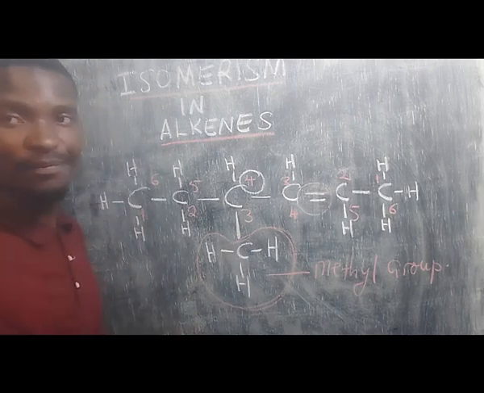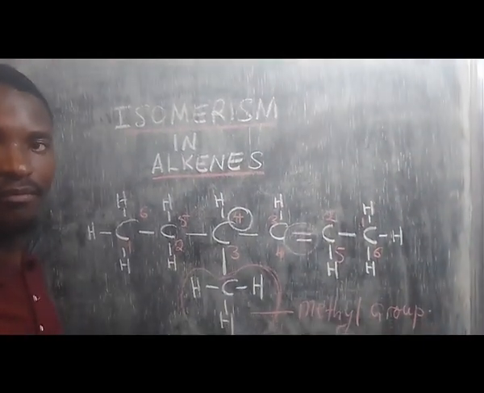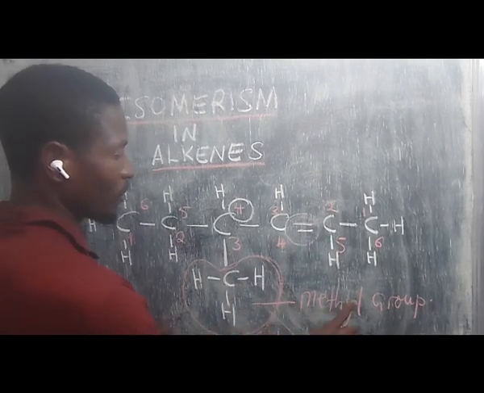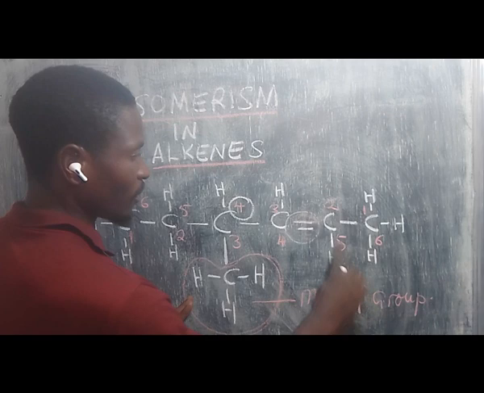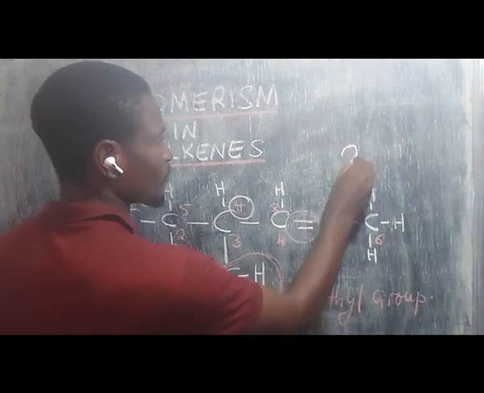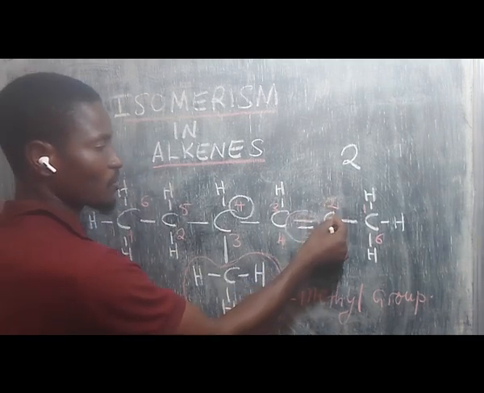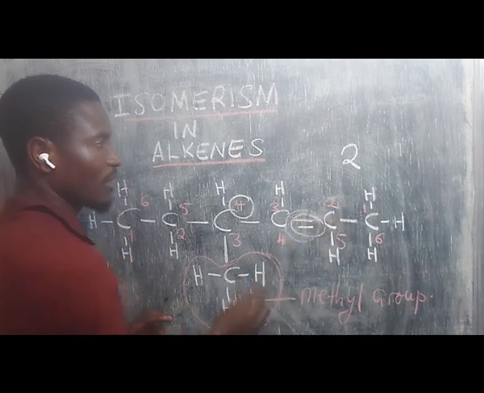So this one will be, okay. What you're going to do is write 2, meaning the 2 is the position of the carbon at which the double bond is occurring.